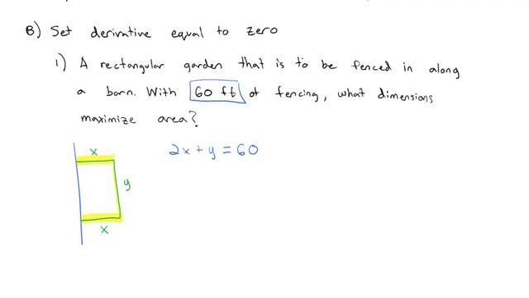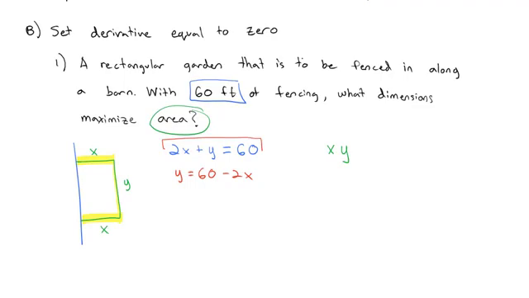But what we're interested in is maximizing the area. It's a rectangular garden, so it's going to be base times height, which is x times y. That's what we want to maximize. The problem is maximizing with 2 variables is difficult, so we'll use our limiting equation here in blue to help us reduce from 2 variables down to 1 variable. Y is the easiest to solve for if I just subtract the 2x.